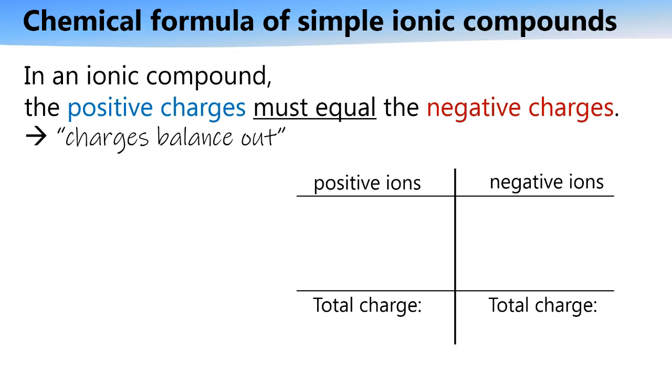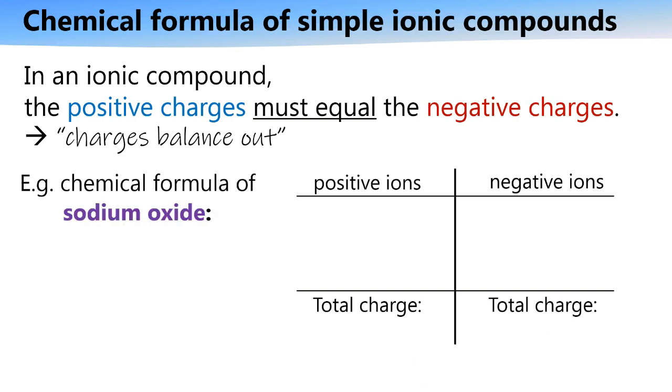Let's look at another one. Sodium oxide. So we have seen Na+ and O2-. In this case, the positive total charge would be +1 and the total charge for the negative is -2. The charges are not balanced.